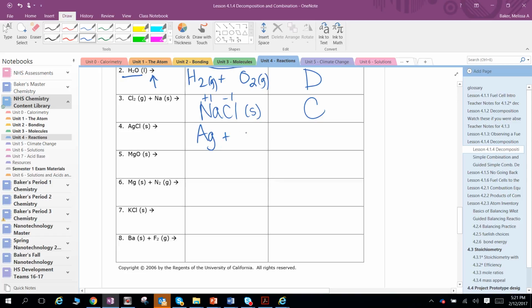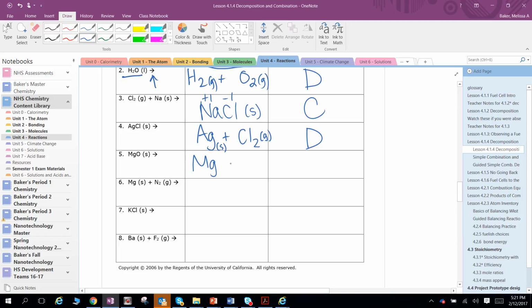AgCl breaking apart would form Ag and Cl2. Again, because that's in the Hofbrinkel. And silver is a metal, so that would be solid. And chlorine, if you look at the periodic table, is red because that would be a gas. One thing breaking down makes a decomposition reaction.